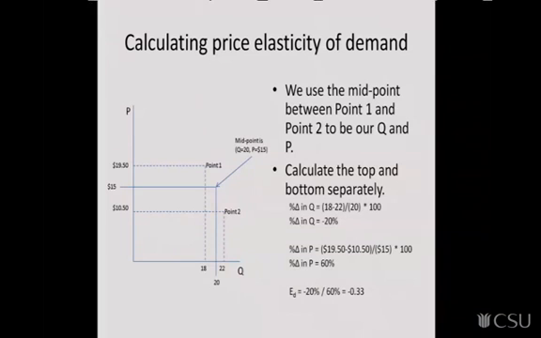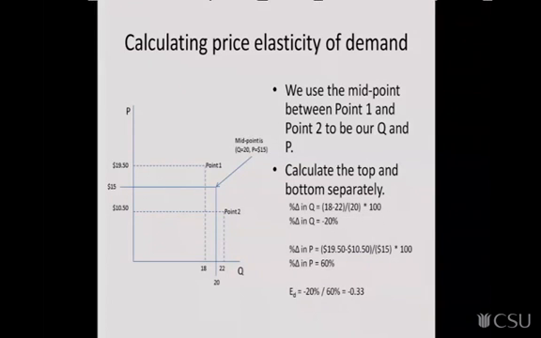So what we're then going to do is calculate the percentage change in quantity divided by the percentage change in price. I think it's easier just to separate it out. What's the percentage change in quantity? Well, the quantity starts out at point 1 with a quantity of 18, and we move to point 2 with a quantity of 22. So the change is 4 or minus 4, whichever one you want to call first point and second point.